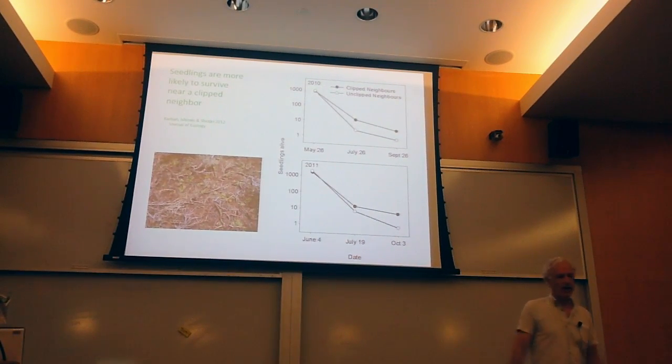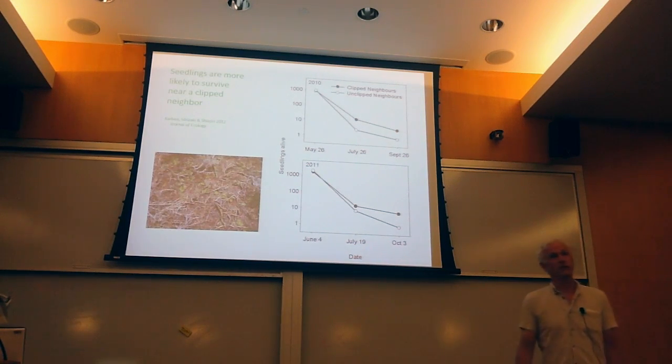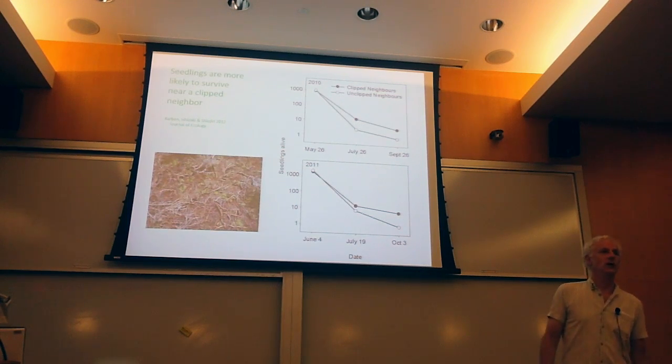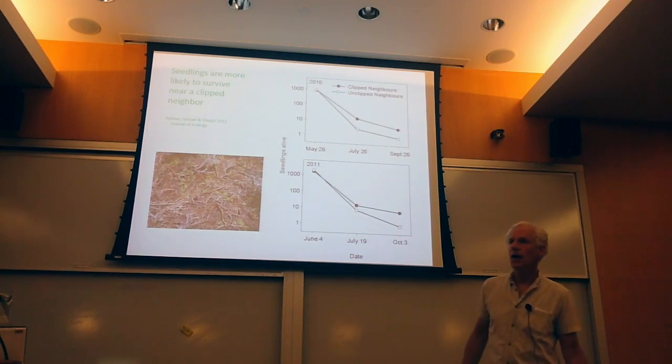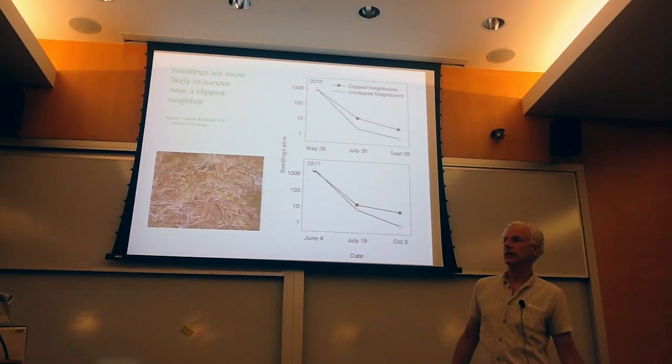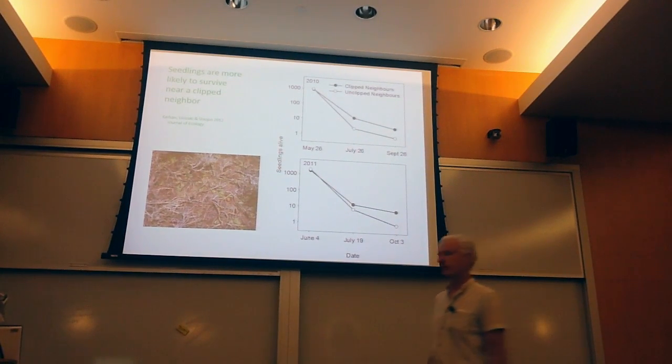So the dry season was finally over. And what you can see is that most of the seedlings died, but that in both of these 2 years, the survival of seedlings was about 10 times as great for those seedlings that were near experimentally clipped neighbors compared to neighbors that weren't clipped.